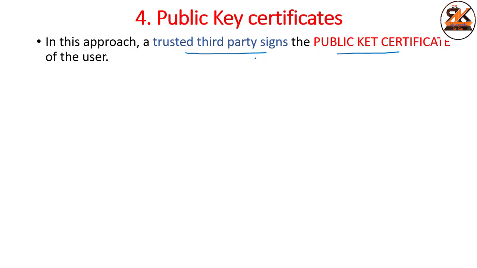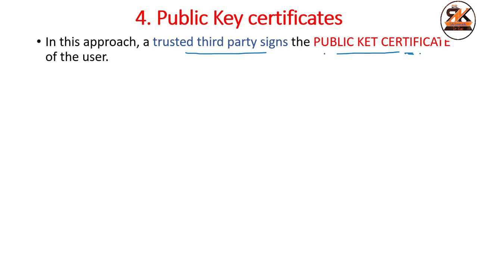Now, what is this public key certificate? A public key certificate consists of a key and an identifier of the user or the key owner, which is signed by the third party. So in a public key certificate, we are going to have the public key of the user and the identifiers of the user, and this certificate is signed by the trusted third party.